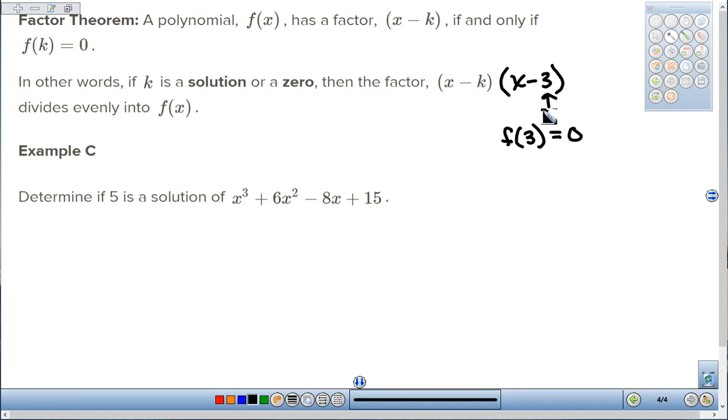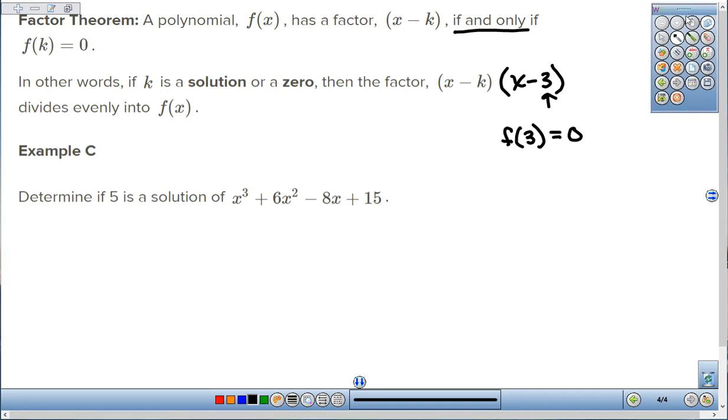And it says if and only if, which means that this is a reversible relationship.